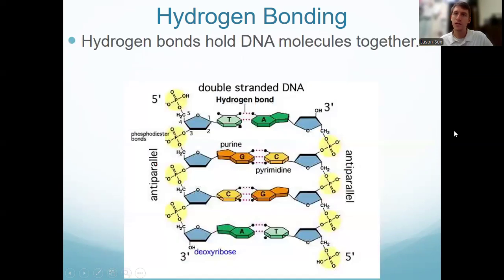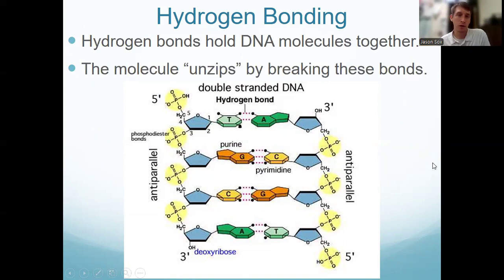Okay. We see hydrogen bonding in a lot of different places. One of the ways that we see it is in DNA molecules and DNA helicase, which actually comes and unzips the nucleotides, the double helix structure. So what's in the center of the twists is an actual hydrogen bonding. There's not an actual sharing of the electrons.